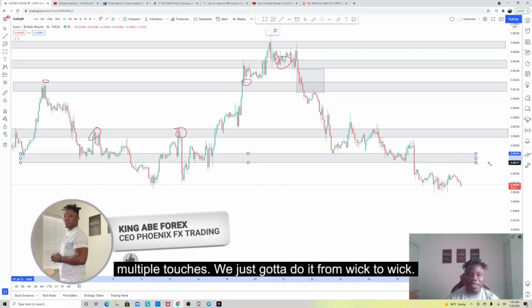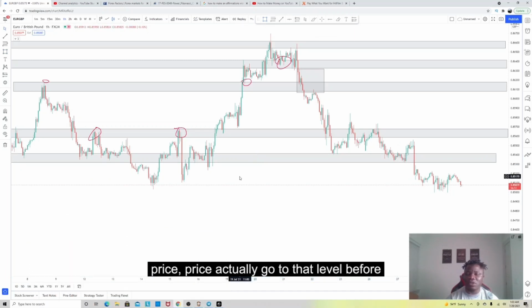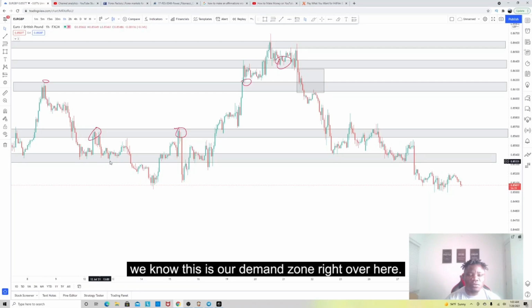We just got to do it from week to week, like I told you guys, because at one point in time, price actually got to that level before price actually rejected that zone and closed above it or closed below it. So now we know this is our demand zone right over here.